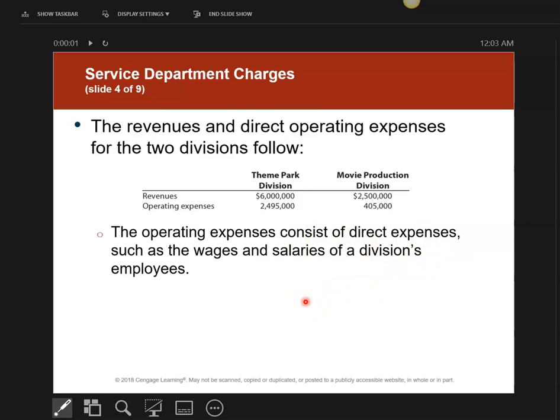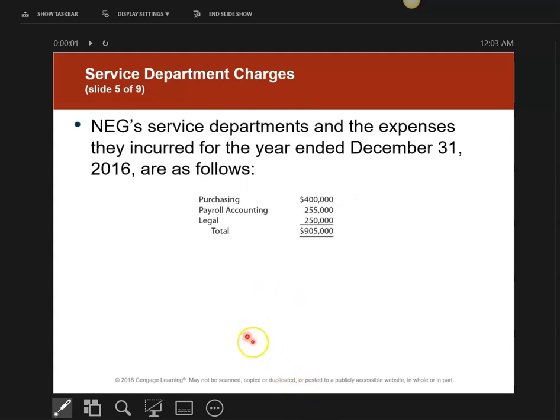But we're going to look at service department charges, which are indirect expenses. Here are my three service departments: purchasing, payroll, and legal. These are the costs these departments incurred during the whole year. I'm going to look at how to allocate this $400,000 of purchasing to each of my two divisions.